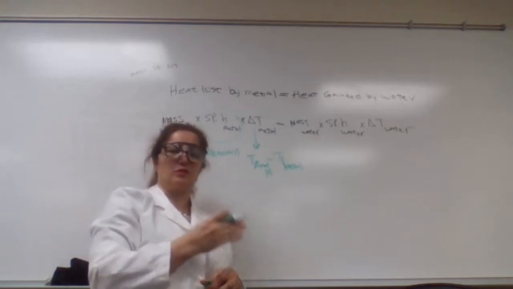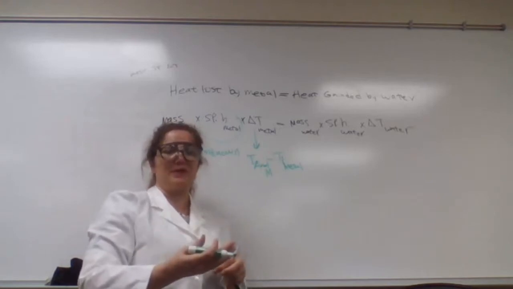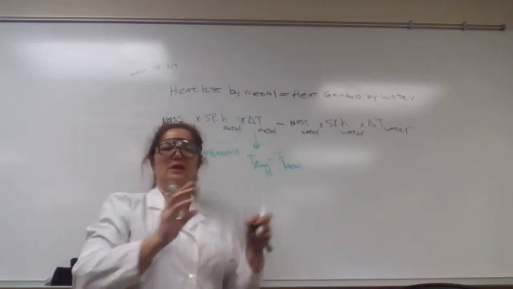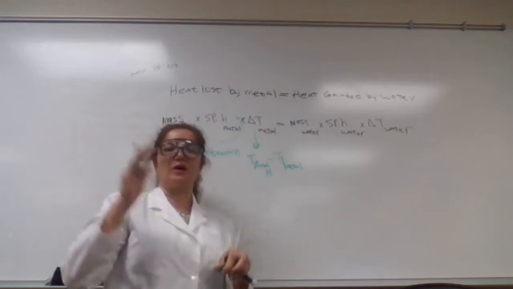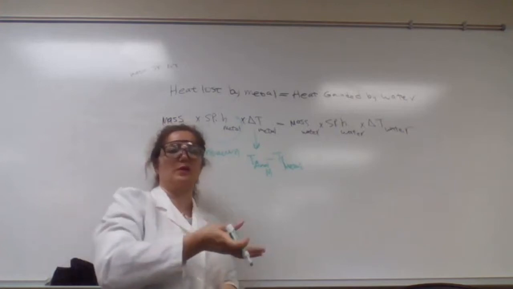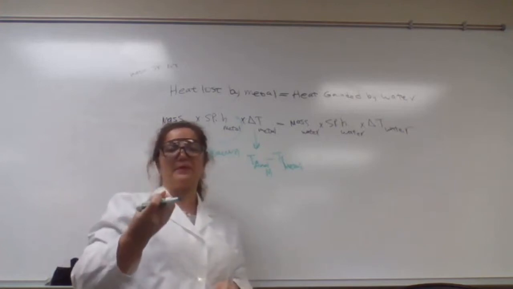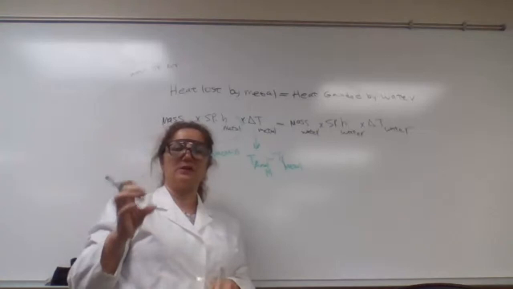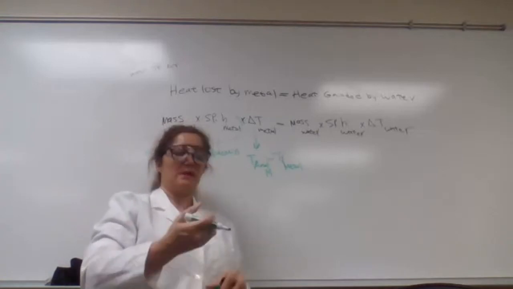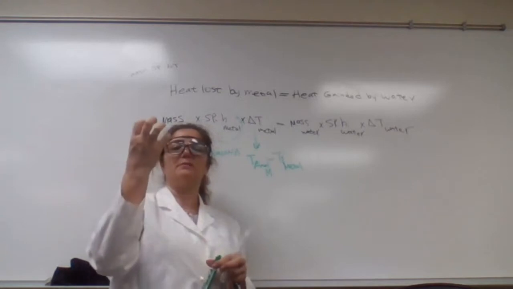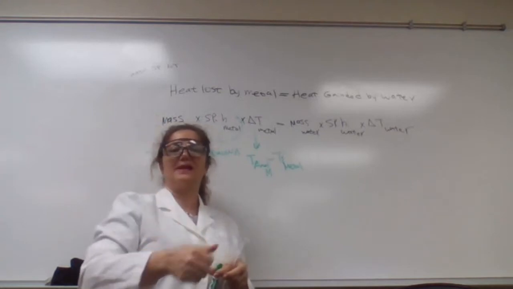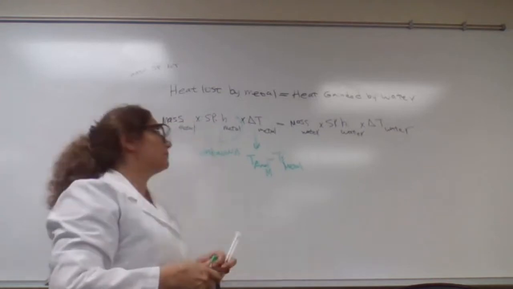Basically the final temperature for water and metal is going to be the same, because when you mix a cup of hot water with a cup of cold water, the heat is going to be balanced out. The hot water is going to cool down, the cold water is going to warm up. Same thing here. When hot metal is mixed with cold water, the heat is going to go from metal to water. So metal is cooling off and the water is warming up.